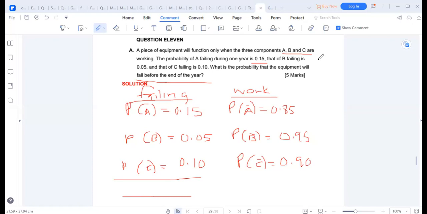So these are assumed to be occurring independently. So they possess a binomial characteristic. This question can be done also under binomial, but I don't want to use that method. So it's an assumption that we have that these machines operate independently.